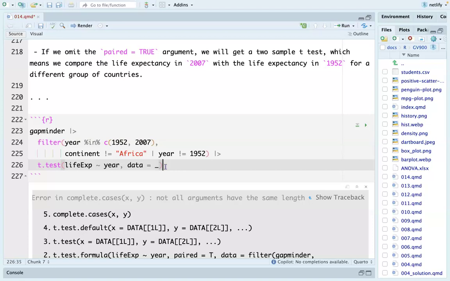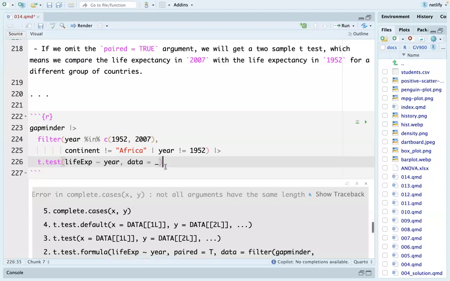So if one country in 1952 has missing values, R will delete both values in 1952 and 2007, so as to make the length the same.